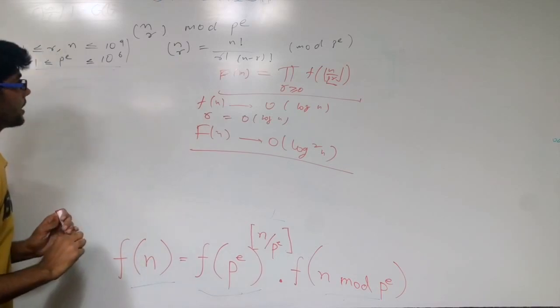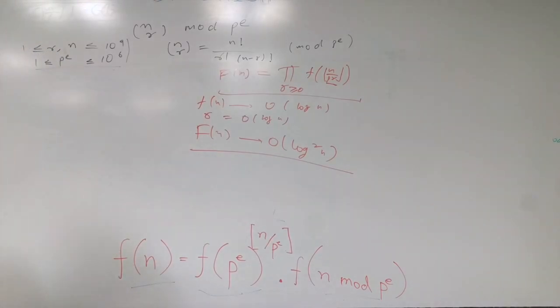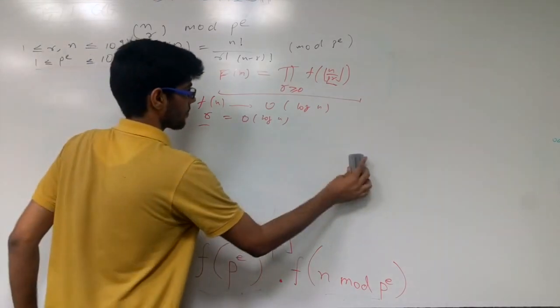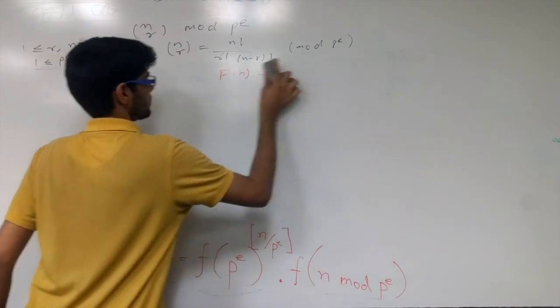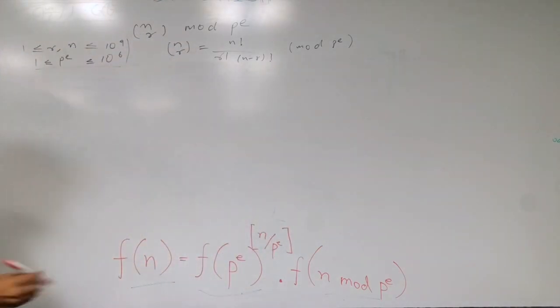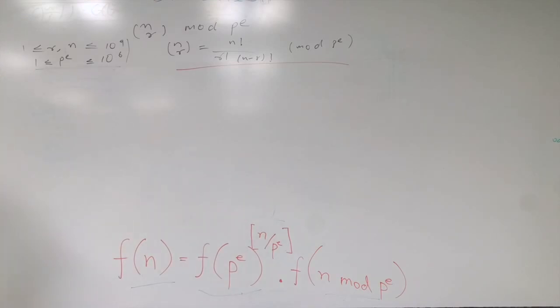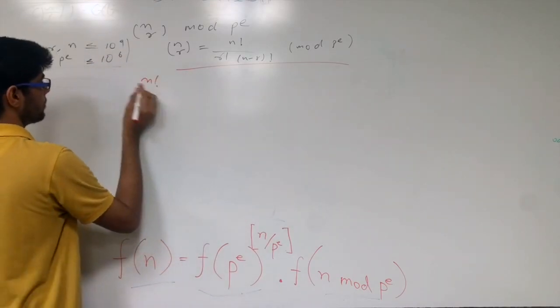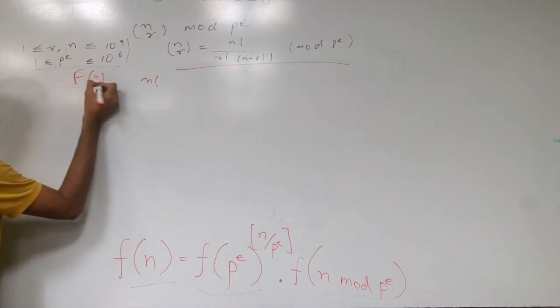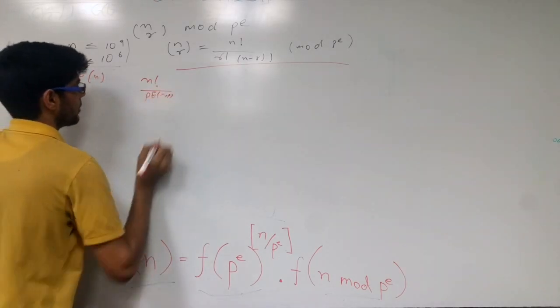Now let's come back to the original problem. We have to find this mod p to the e. So we know that f of n is equal to n factorial by p to the power e(n, p).